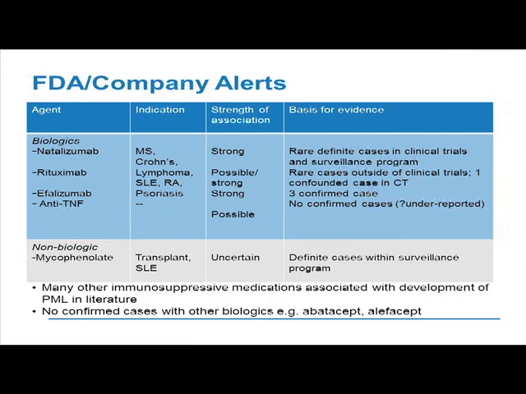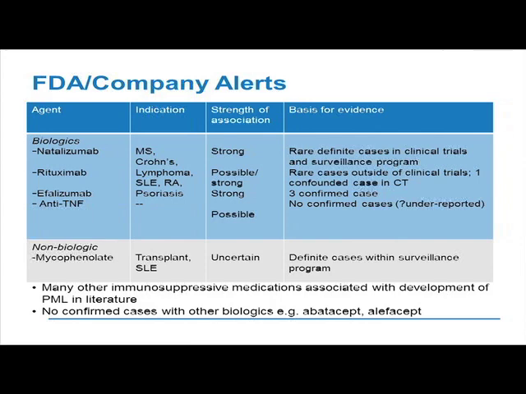I would welcome you back to the R.J. Fasenmyer Center CME site and go back to our PML monograph and roundtable discussions if you're interested in hearing more about this. Our bottom line is that PML is a potential complication in all patients on immunosuppressive therapy, and we have to have vigilance.